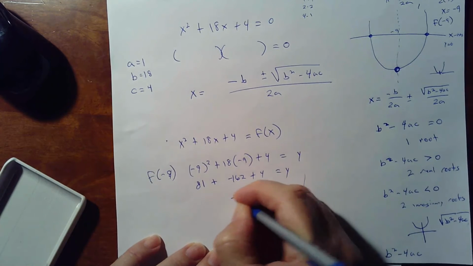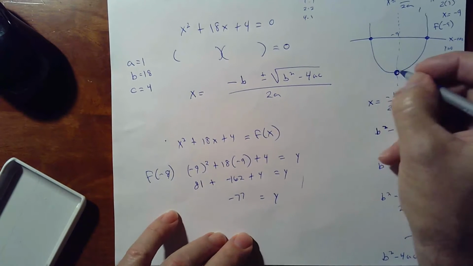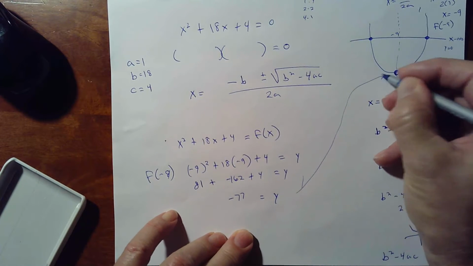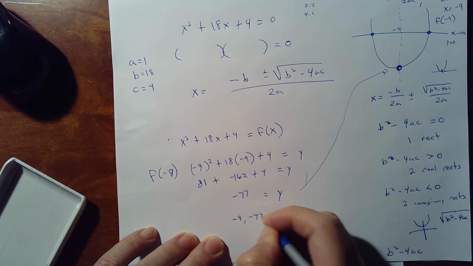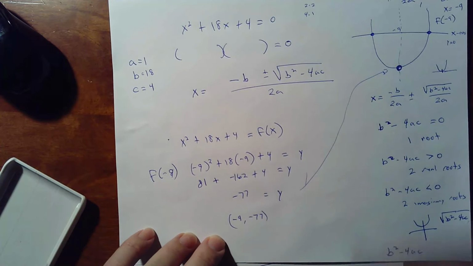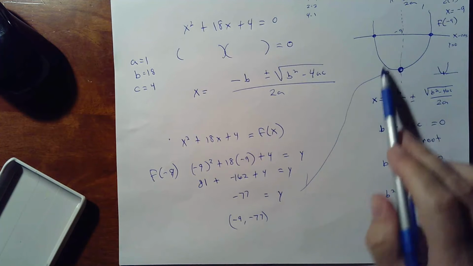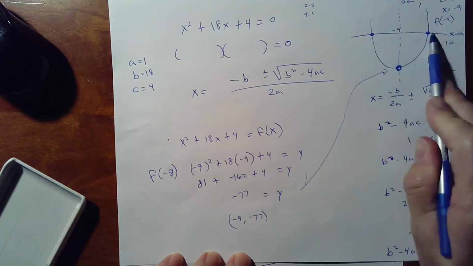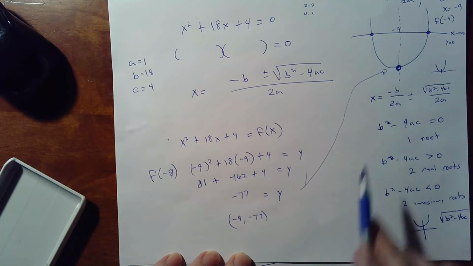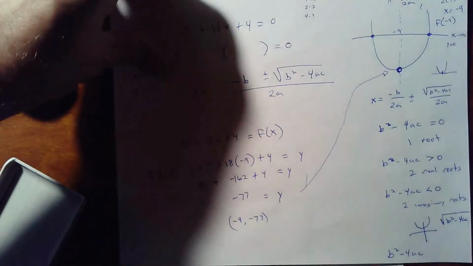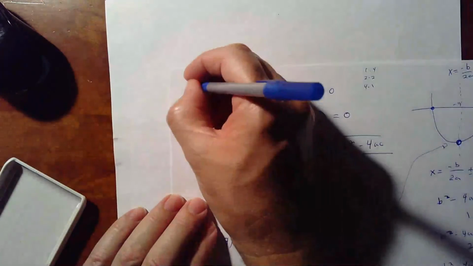So y equals negative 77. So this point over here is (-9, -77). Okay, and then we're going to find those two locations by solving the quadratic formula to find out where it actually crosses the x-axis as we come up. All right, so that's page 1.